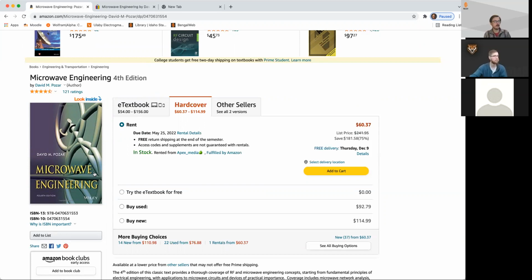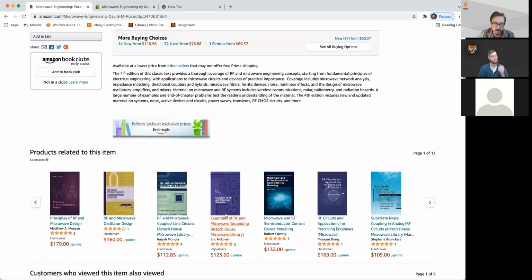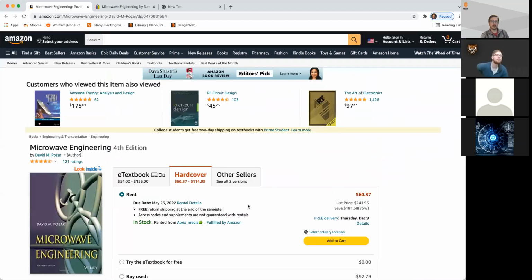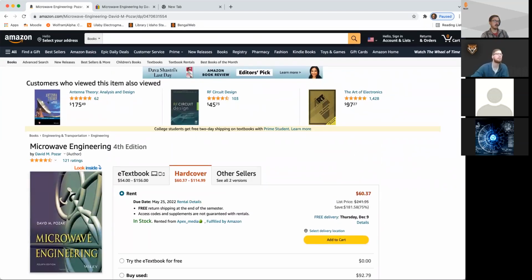Which edition are we going to use for this? Yeah, I use the 4th edition mostly, because it's been out for a long time. Yeah, I do have that one. That's why I'm asking. The 4th edition, right? Yeah, 4th edition. Thank you. Calvin, are you interested in having this book as a PDF?